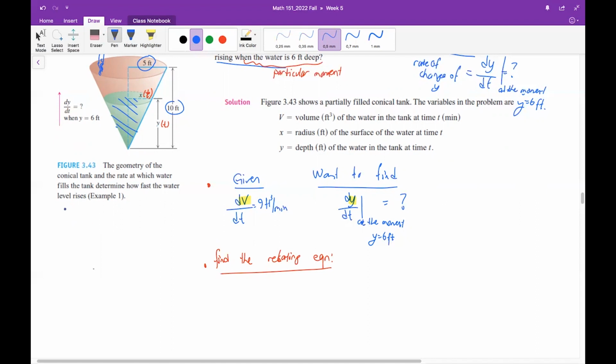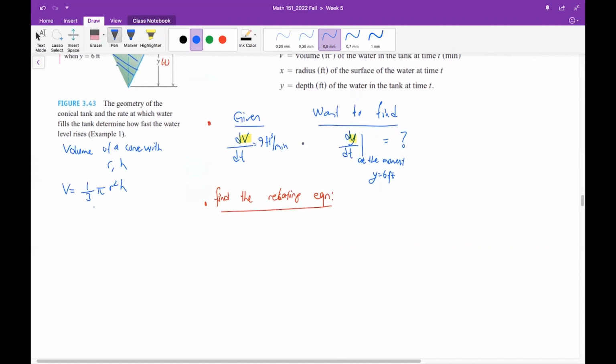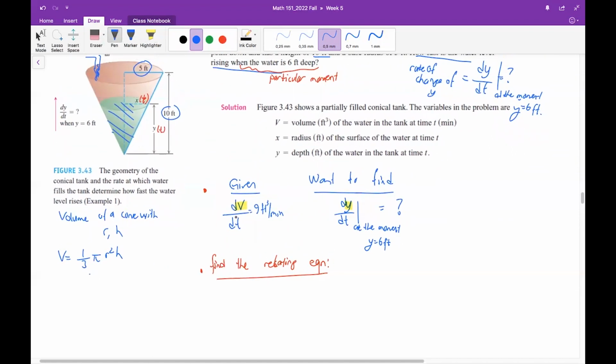Okay, so let's say volume of a cone with R is the radius, H is the height. So this volume has this formula, 1/3 pi R squared H. Okay, so now you can see how we can relate the volume and the height of the water.